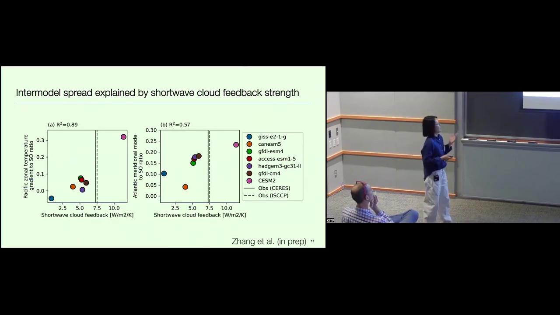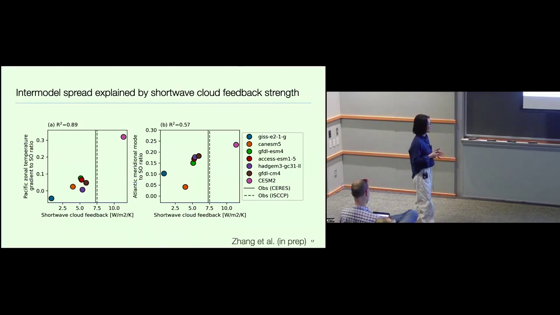Again, it's not a lot of dots here, so it might not be super telling until we can add more models, but based on these 7 models, we can see a very strong positive relationship in both indices. This is the zonal gradient, and this is the Atlantic meridional mode. And here, the dashed and solid lines are coming from observations.